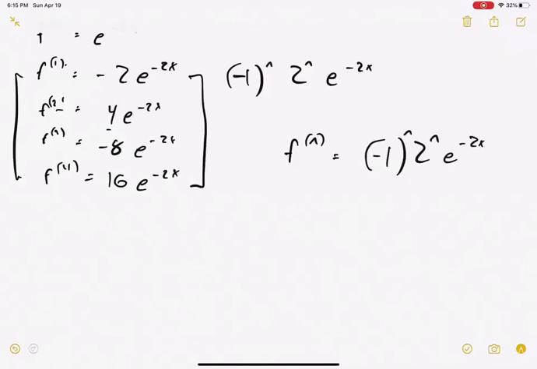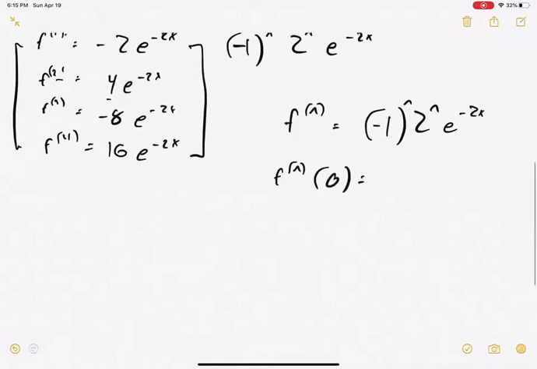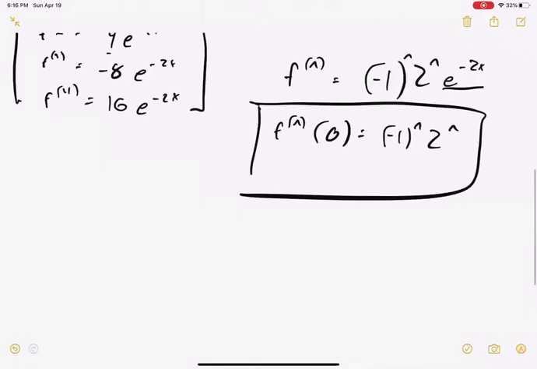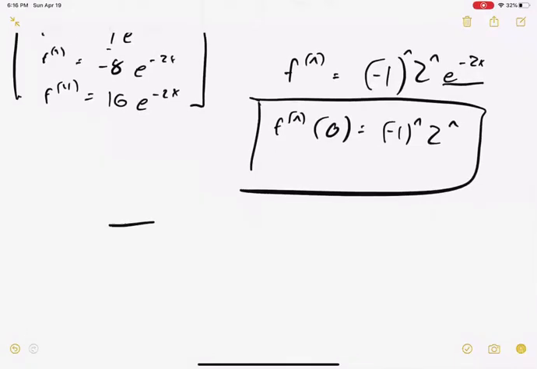And we want the nth derivative evaluated at 0, right? So when we plug 0 in for x, that term is just going to be 1. So our nth derivative evaluated at 0 is just going to be negative 1 to the n, 2 to the n. Okay, so this is the coefficient for our Maclaurin series. So our Maclaurin series should just look like this.